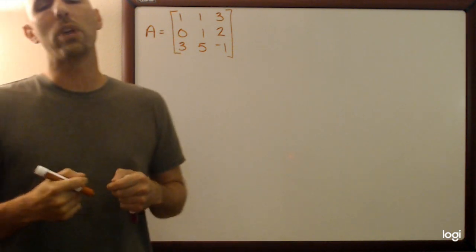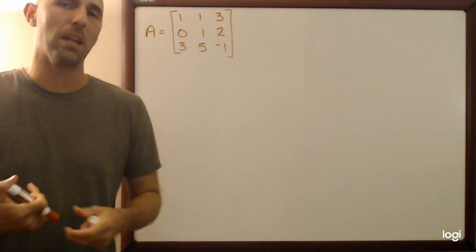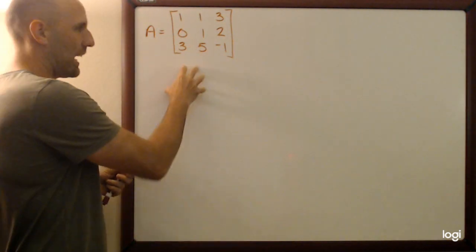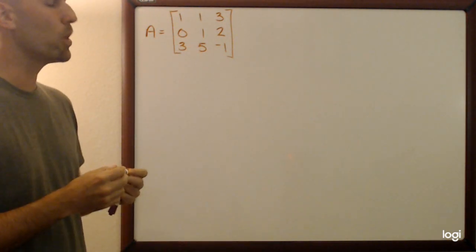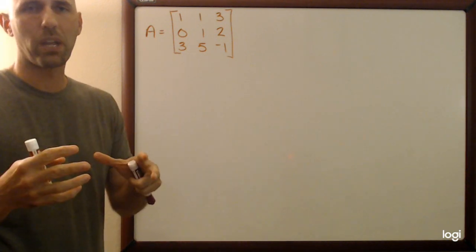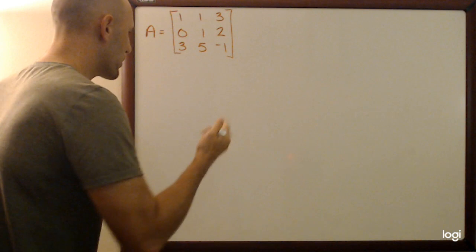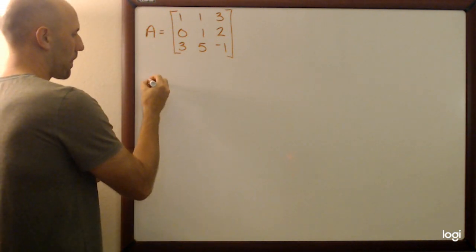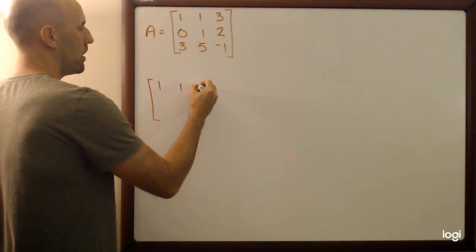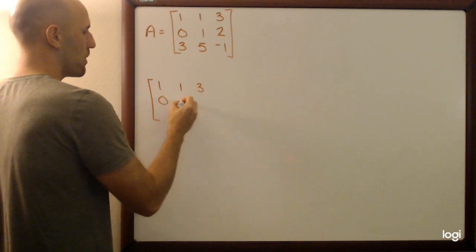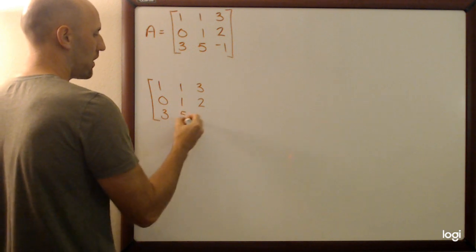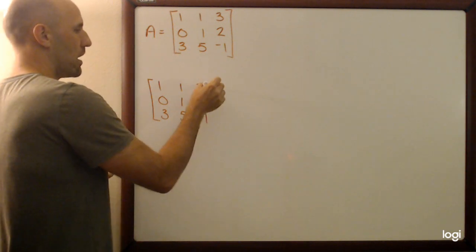We're going to create what's called an adjoint matrix. Basically, I'm going to take A and I'm going to glue a copy of I3 attached to it. So like so. Here's A: 1, 1, 3, 0, 1, 2, 3, 5, negative 1, right?